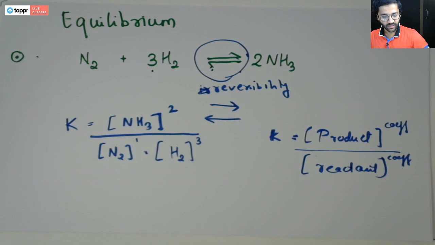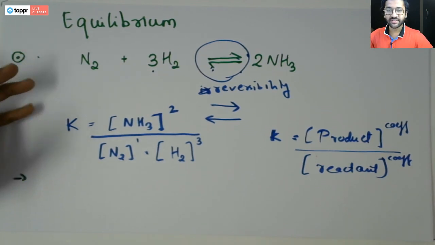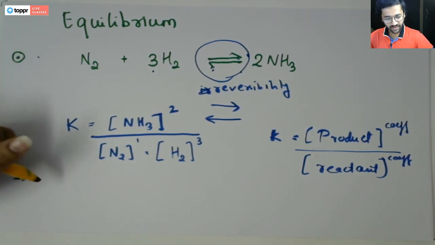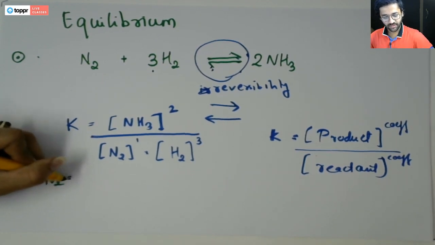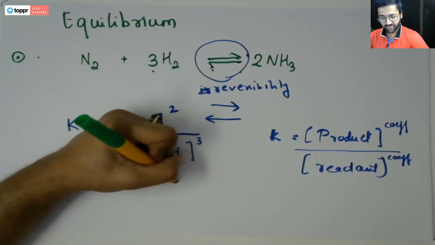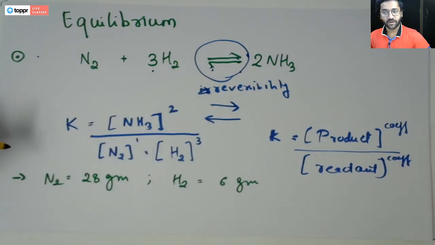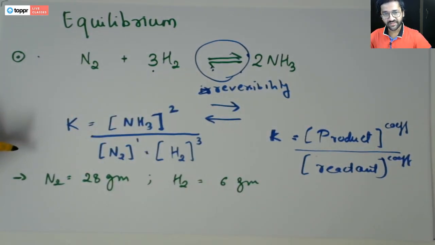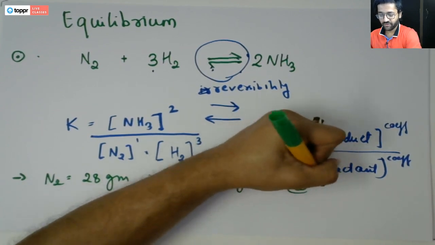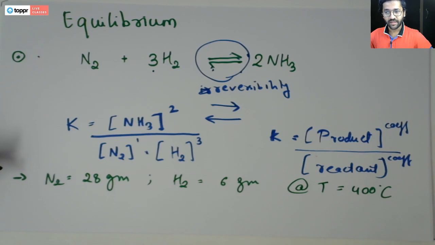So if I am given, let's talk about the same Haber's process, and if I am given that the amount of nitrogen is 28 grams, alright, and the amount of hydrogen given to me is 6 grams, alright, and if they are kept in a vessel at the temperature of 400 degrees Celsius, then what will be our value of K?